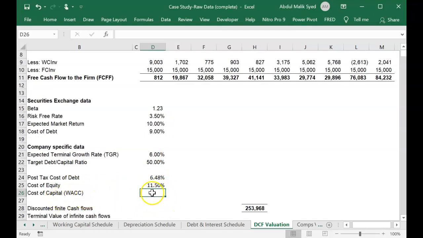So the cost of capital is simply the weighted average of the book value.